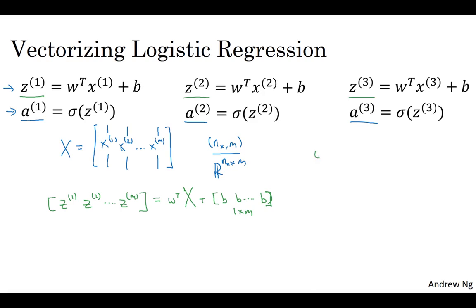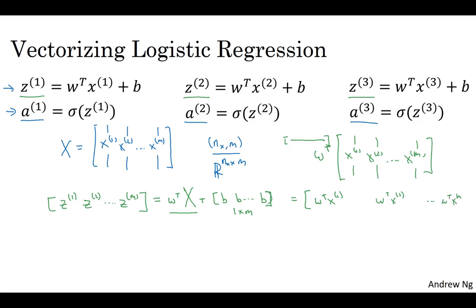So depending on how familiar you are with matrix multiplication, you might see that W transpose times [x1, x2, and so on through xm], that W transpose is going to be a row vector, right? So this W transpose will be a row vector like that. And so this first term will evaluate to W transpose x1, W transpose x2, and so on, dot, dot, dot, W transpose xm.